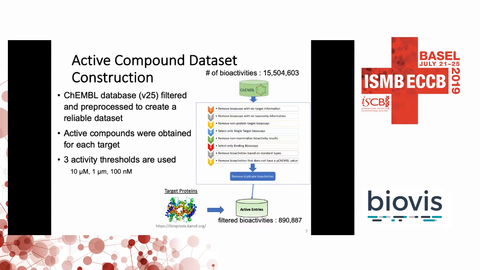I would like to just describe briefly our data set, but more details are in our poster. As you may know, there are more than 15 million bioactivities available in ChEMBL.